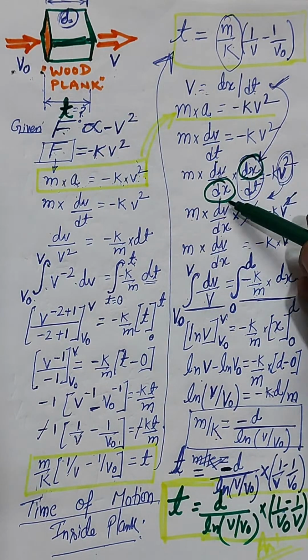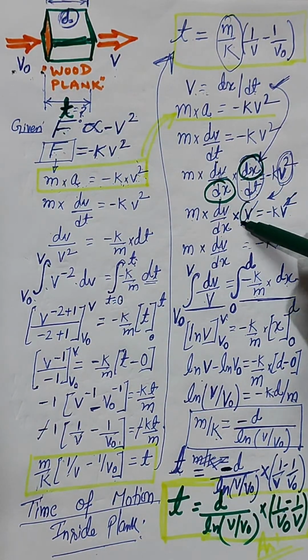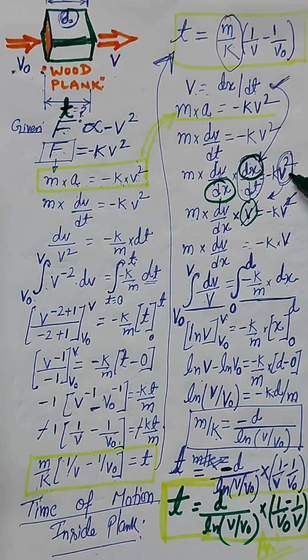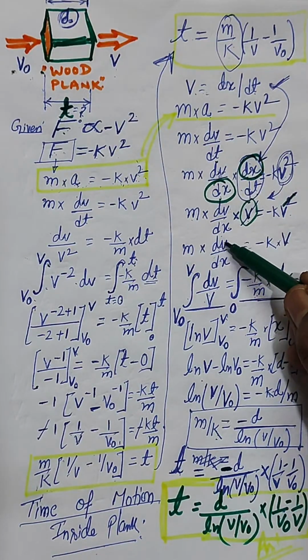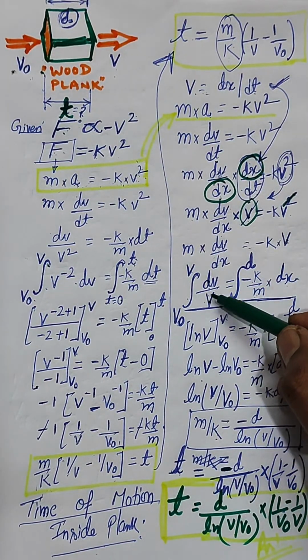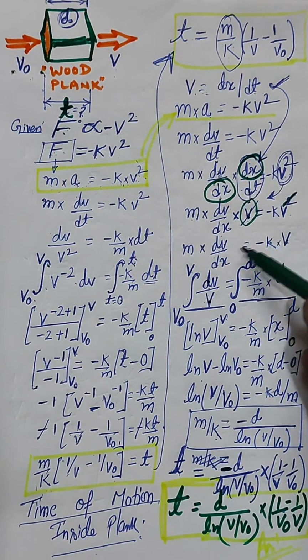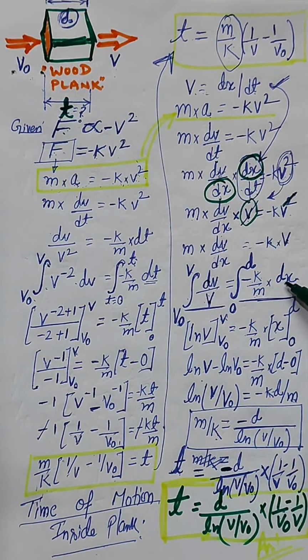Then dx by dt is nothing but v, and this v will cancel one of the v from the RHS. Finally this gives m into dv by dx equal to minus k times v. Bring all v to one side, so it gives dv by v, and on the other side minus k by m into dx.